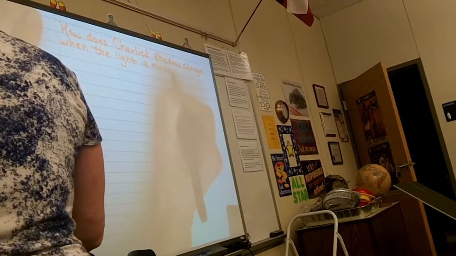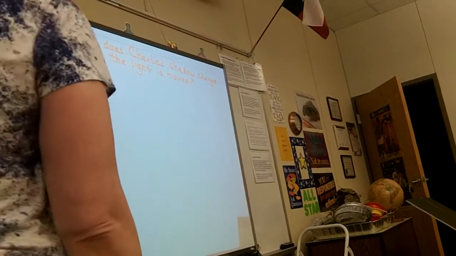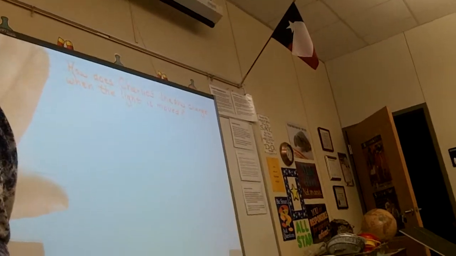So I just simplified my long question into a short question. How does Charlie's shadow change when the light is moved?